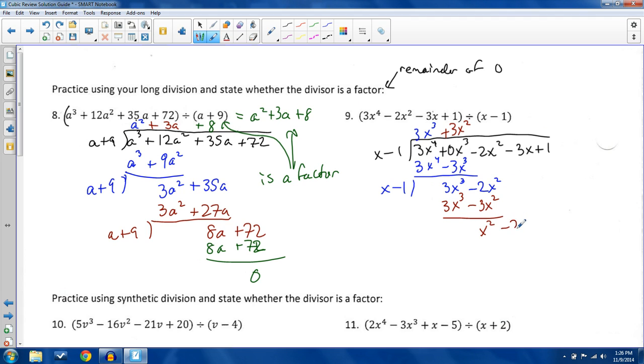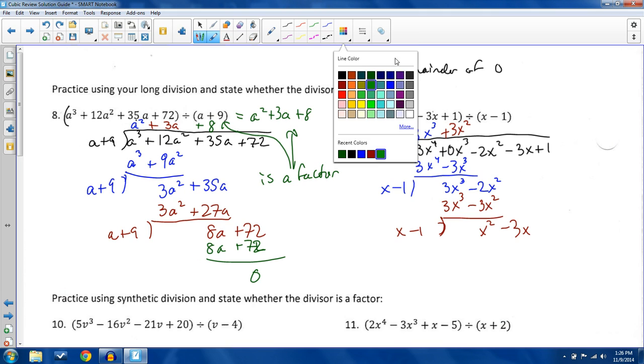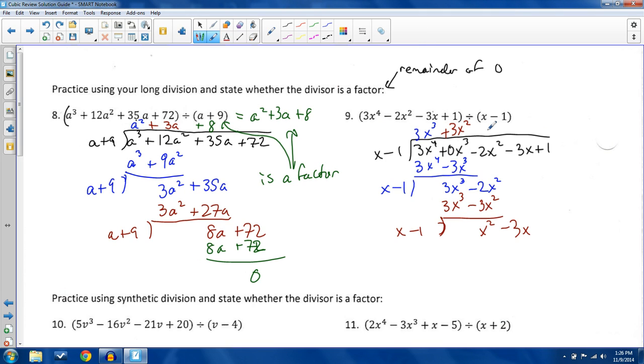I'll bring down the minus 3x here. Okay, how many times does x go into x squared? Well, of course, x times. Multiply, you get x squared minus x. This becomes 0. Negative 3x minus negative x is negative 2x. I bring down the plus 1. I get negative 2x plus 1.